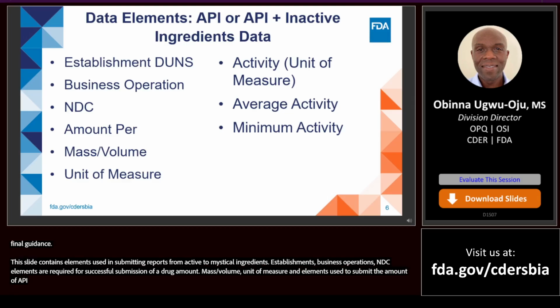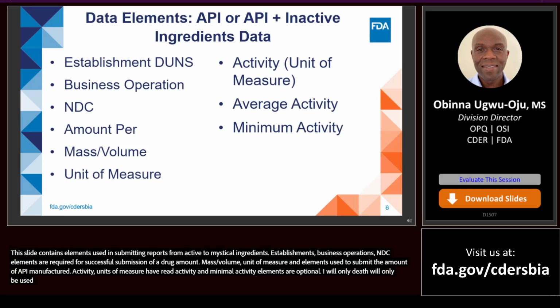Activity unit of measure, average activity, and minimum activity data elements are optional and will only be used for drugs formulated by activity. And as I mentioned earlier, please reach out to us if you have any question about submitting activity data.